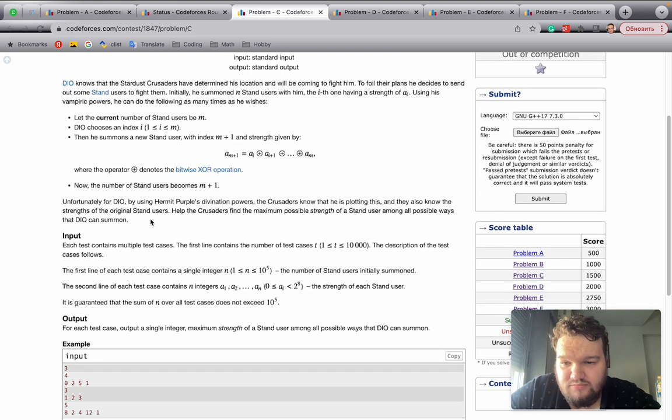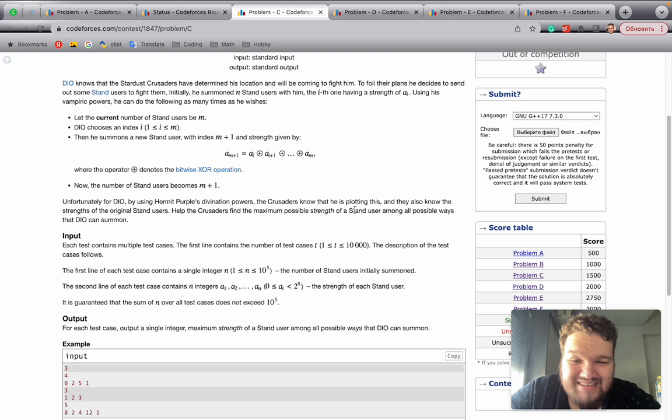Okay. What does it mean? Maximum possible strength of A?